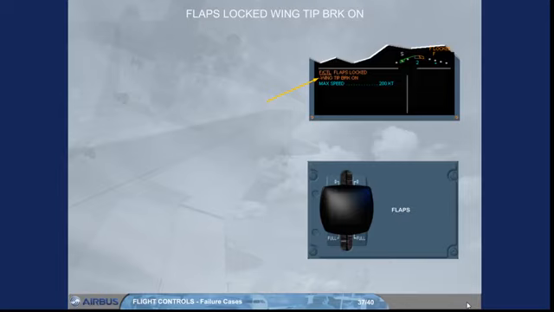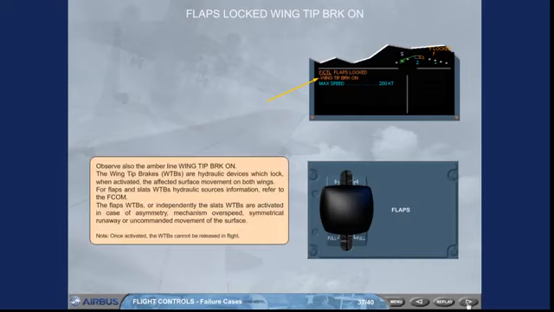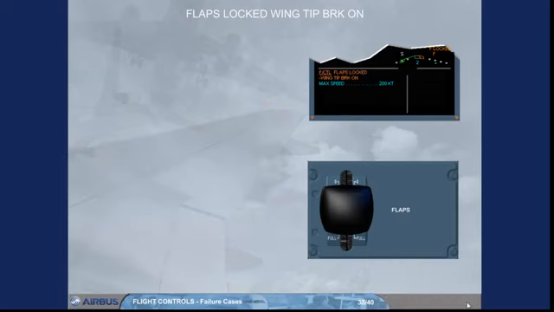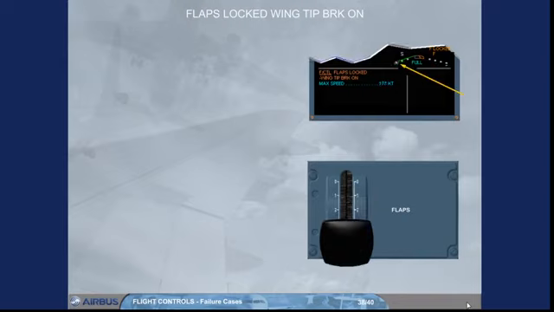The flaps WTBs, or independently the slats WTBs, are activated in case of asymmetry, mechanism overspeed, symmetrical runaway, or uncommanded movement of the surface. Note: once activated, the WTBs cannot be released in flight. When the flaps wing tip brakes are activated, they do not affect the slats' operation, and vice versa.